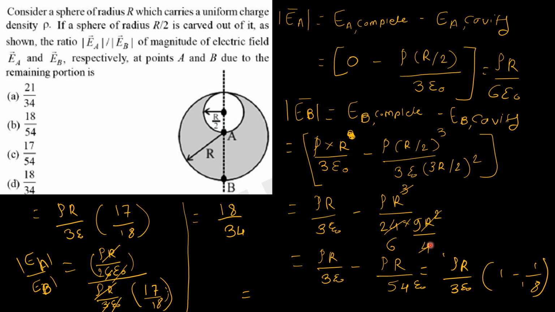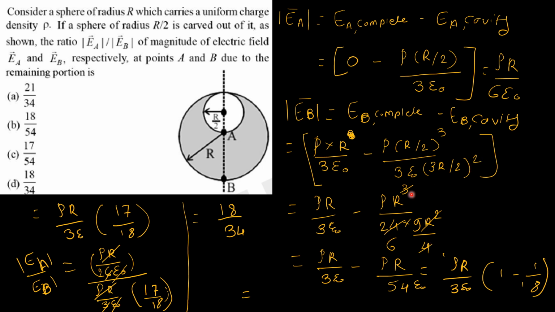After solving this, we will get the net intensity at point B as rho r upon 3 epsilon naught times 1 minus 1 upon 18. You just have to solve this. Here, rho r upon 3 epsilon naught, the r cube and r square get cancelled.